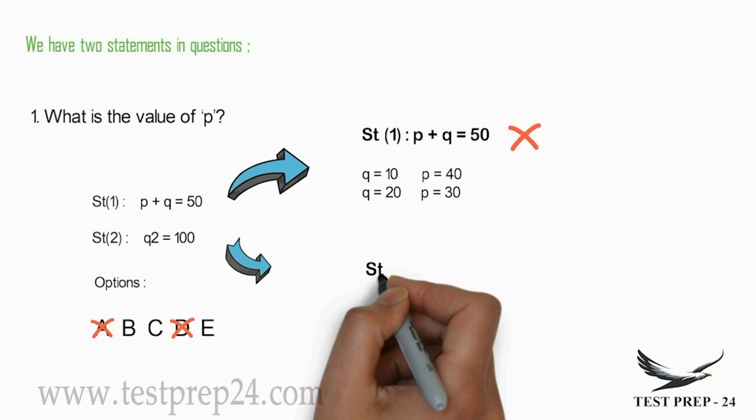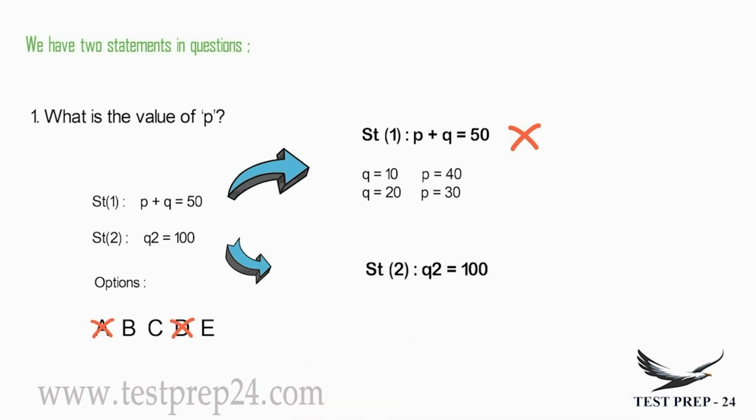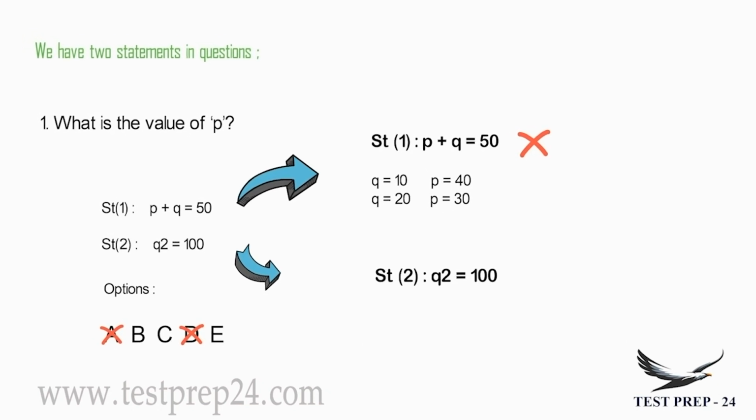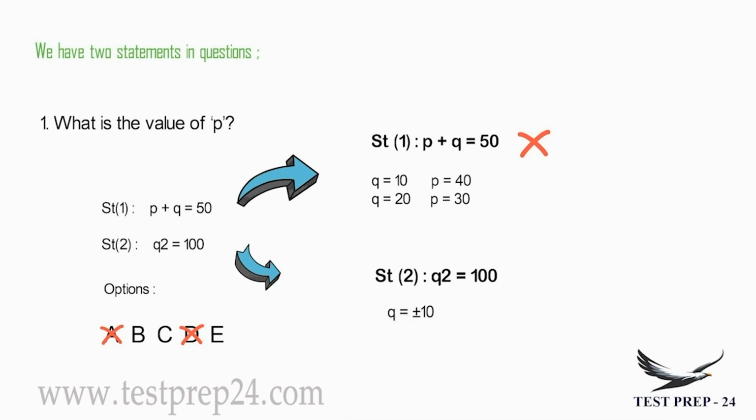Now let's discuss the second statement. It says that Q square equals 100. So if Q square equals 100, what will be the value of Q? It will be equal to plus or minus 10.